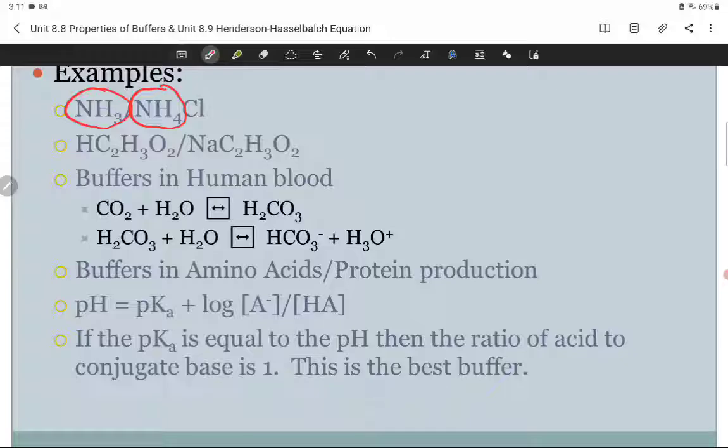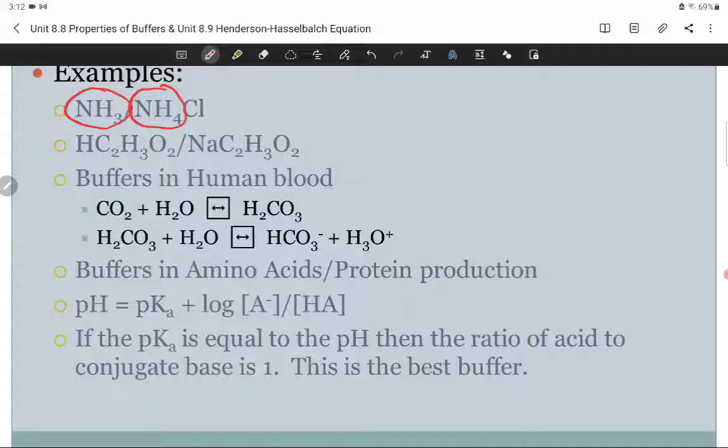It's a white powder or a white salt, and we're only interested in the ammonium part of it. The chloride is just going to float around and has no impact on water, because the chloride is related to hydrochloric acid, a strong acid.